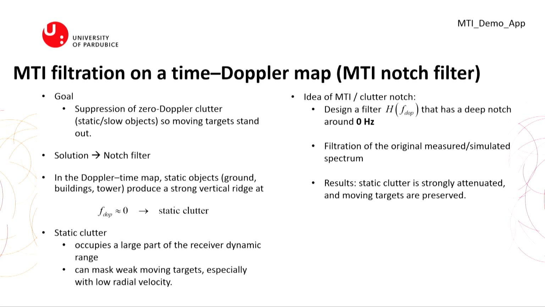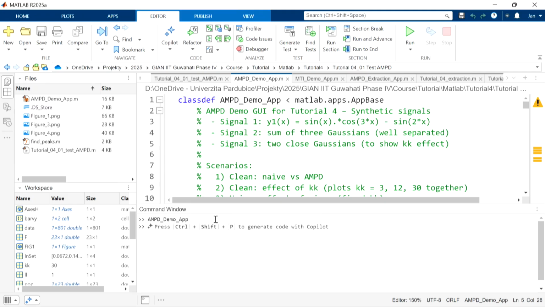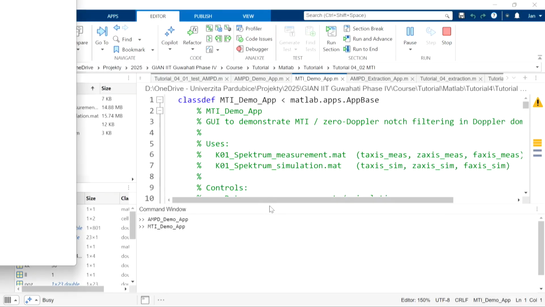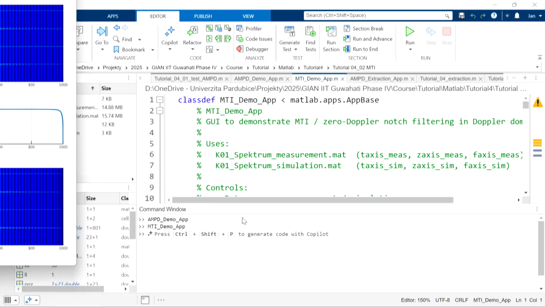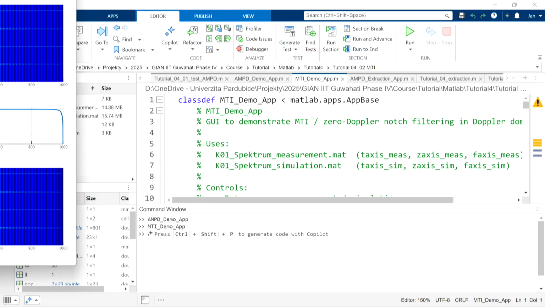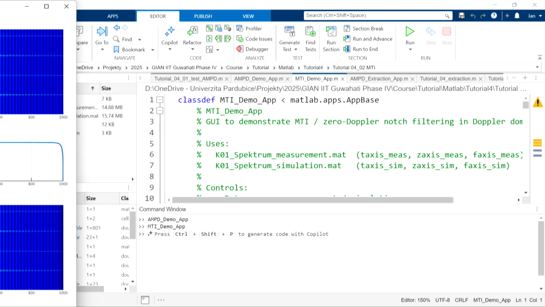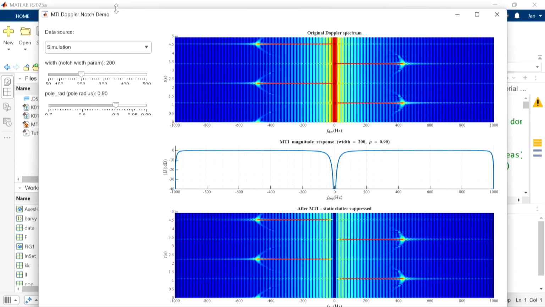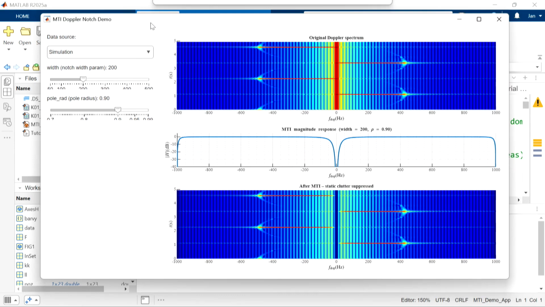So to simplify the visualization, please run the MTI demo application. It is this one. You should see something like this. Working for everybody?